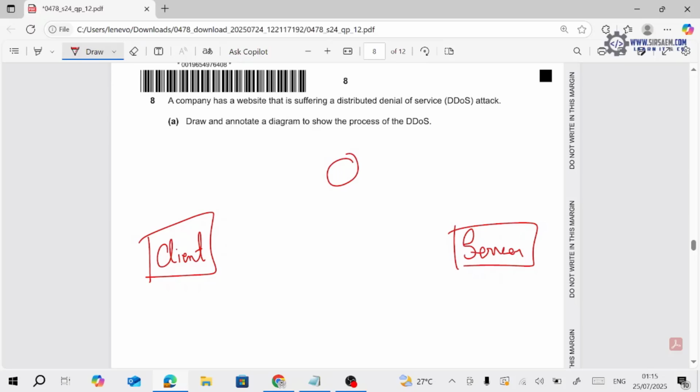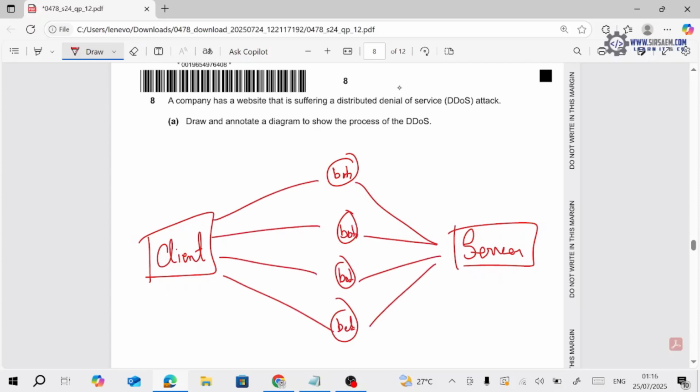So for example, you have over here what we are referring to as bots, and these bots will be requesting the server again and again, for certain requests.